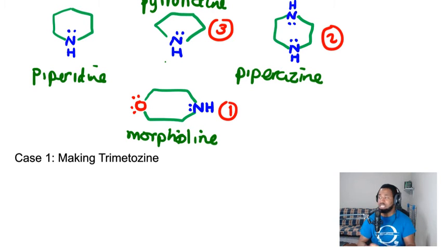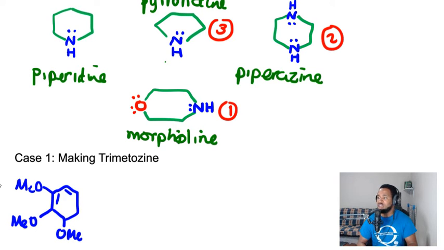Morpholine is going to be used with another compound, which is a form of methoxyl, three of them attached around a specific aromatic ring, and this aromatic ring on the other side will have a specific form of a carbonyl with a chloride attached.